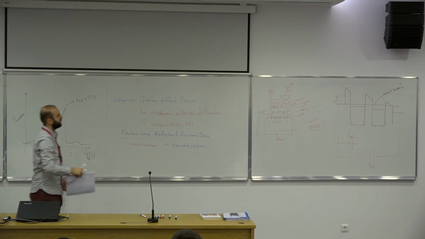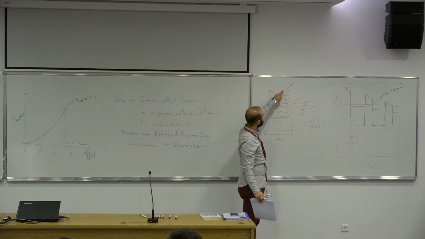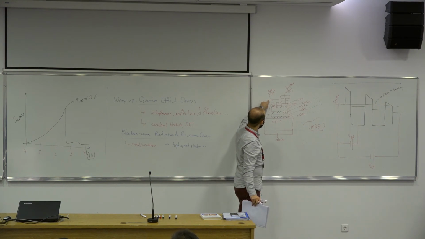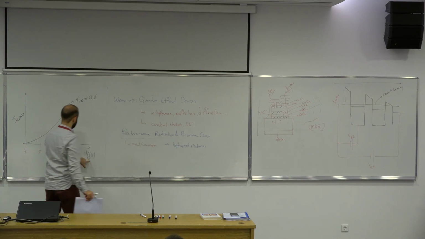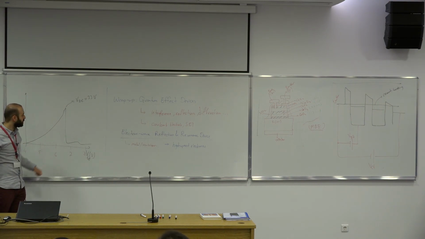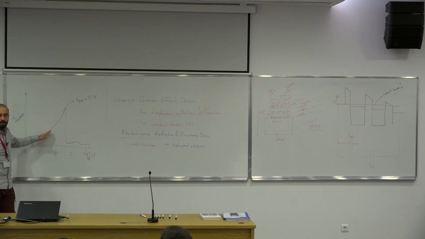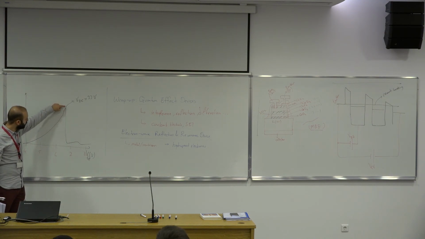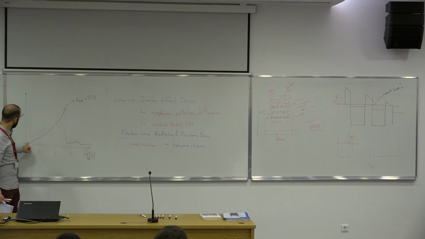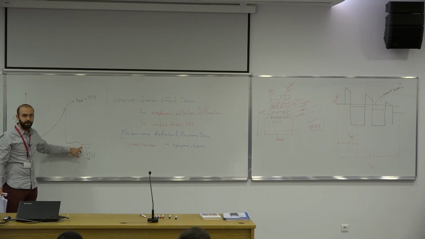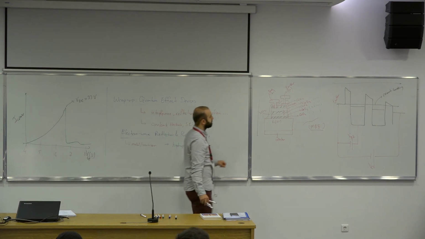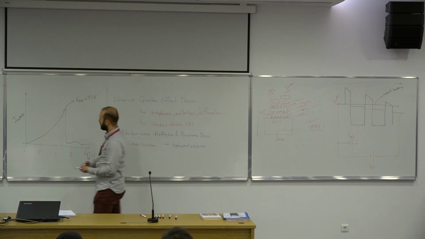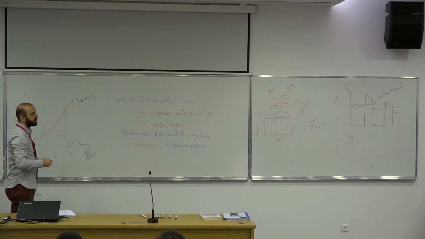So let's say this is grounded, and you apply 3.3 volts to here, and then you tune the voltage between the collector and emitter, so you keep increasing the voltage. What happens is that the current gradually increases, and at some point it goes back down to where you started. Then it increases and goes down again, and then it keeps increasing. What's happening is that electrons in this regime are sort of doing resonant tunneling.